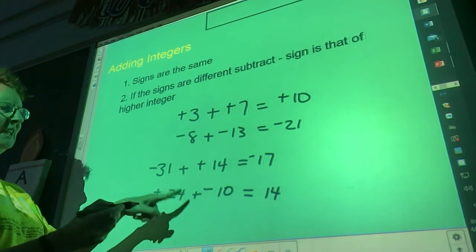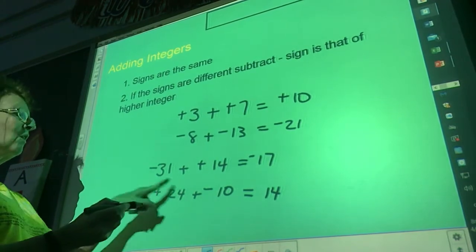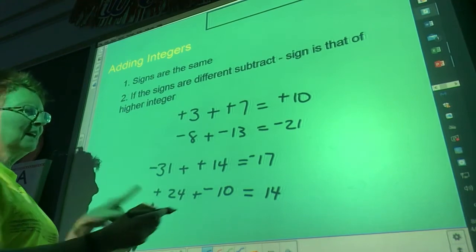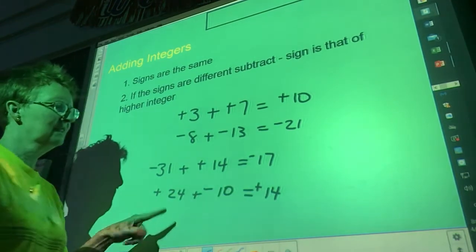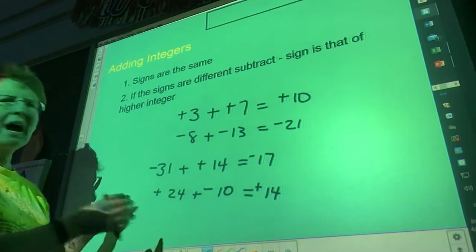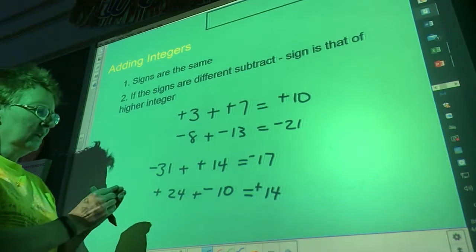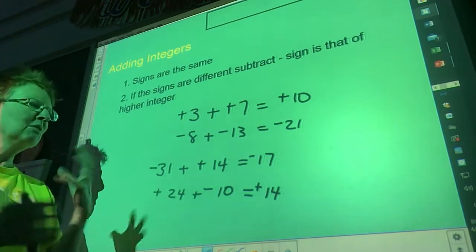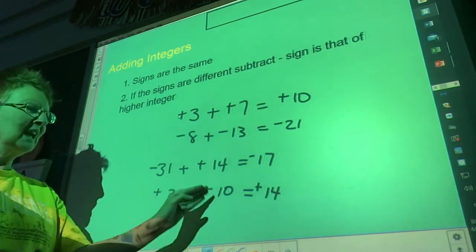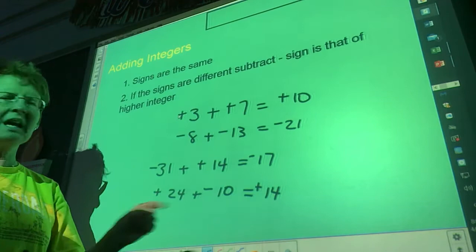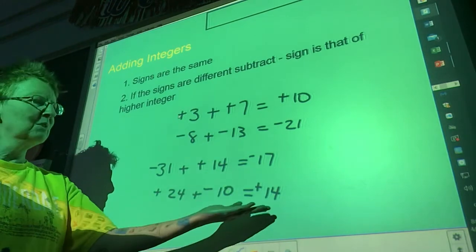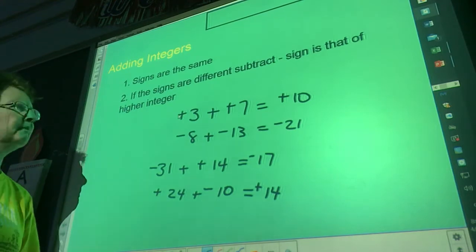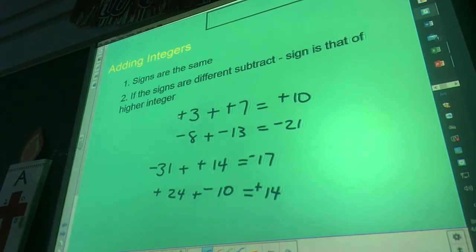In this particular problem, 24 is the bigger number and it's positive, so my answer is going to be positive 14. It's like, I got $24, but I had to pay somebody who helped me work on a project $10, so my total gain for the project was only $14. So that's how addition works. Let's move on.